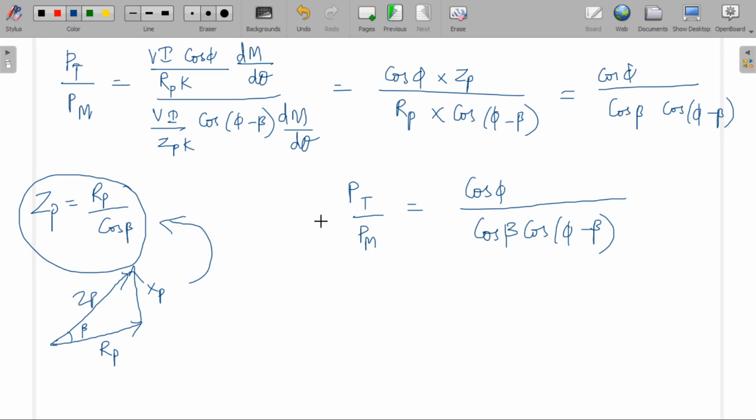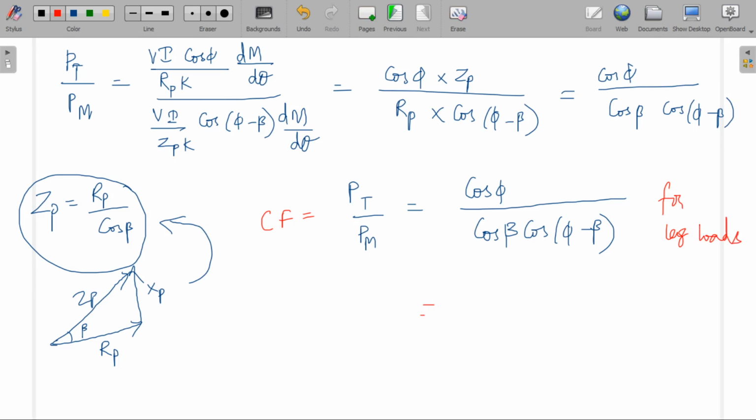This is nothing but the correction factor, CF, for lagging loads.